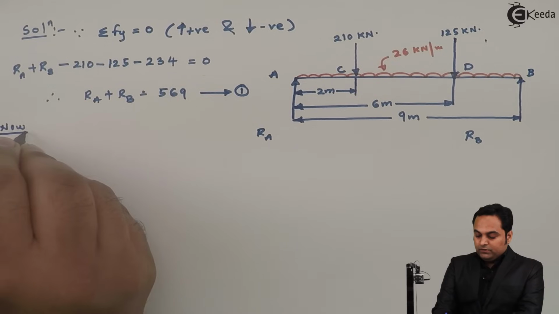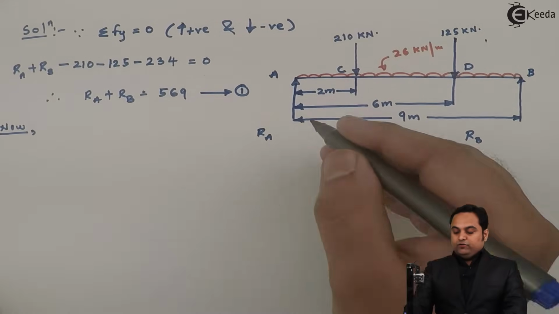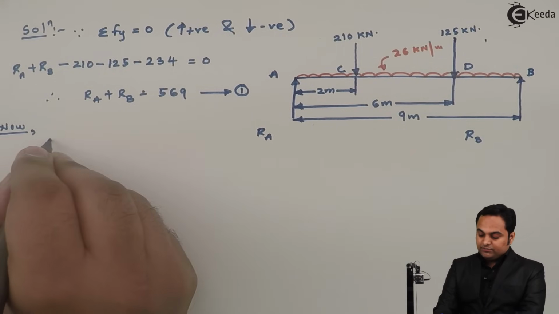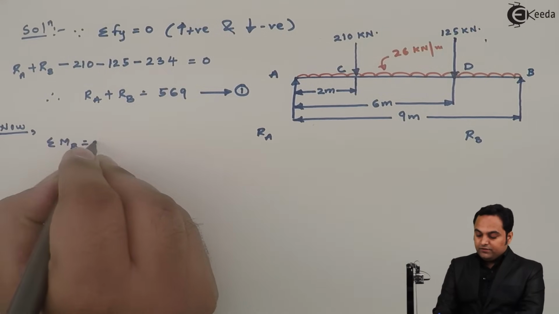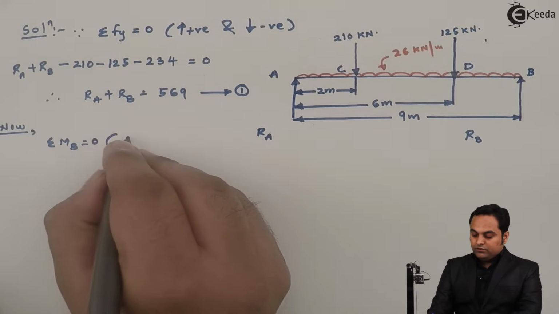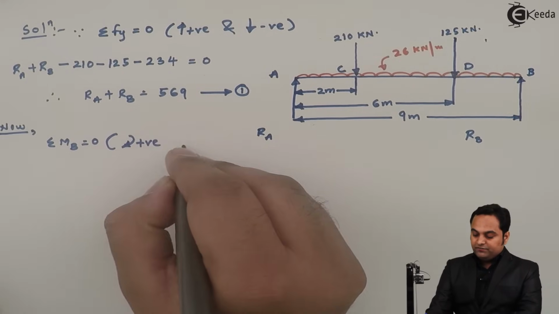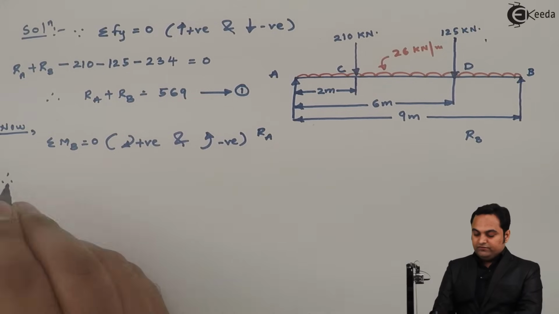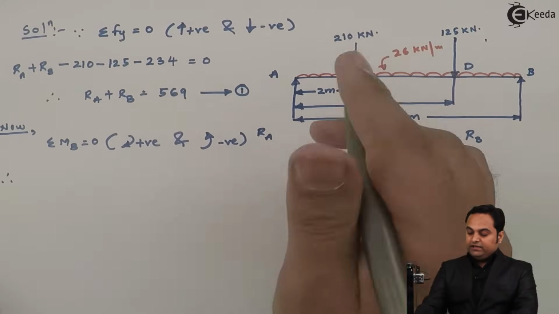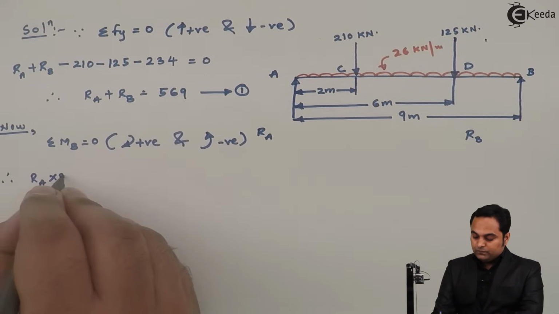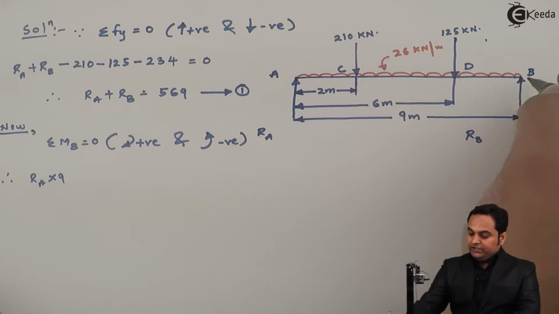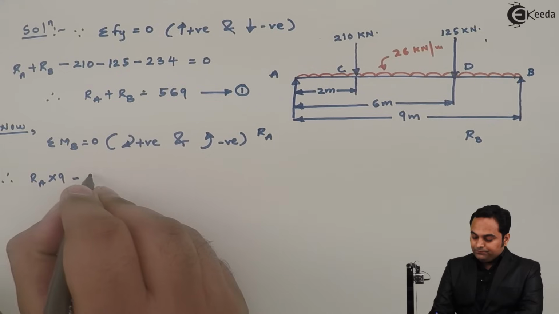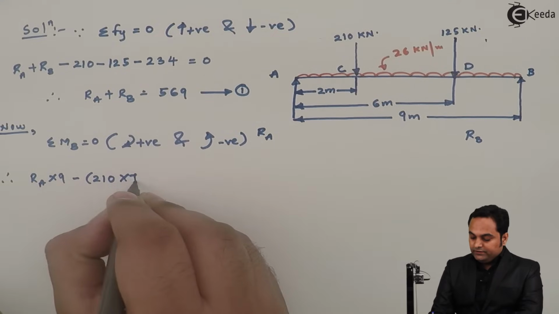Now I'll keep this as equation number 1. Next, now I want to calculate RA, so I'll be taking the moments at point B. So therefore, summation of moments about point B is equal to 0. Here clockwise moment will be treated positive, anti-clockwise moment as negative. So therefore, here I have RA into 9 as clockwise, then 210 into this remaining distance is 7, so minus 210 into 7.